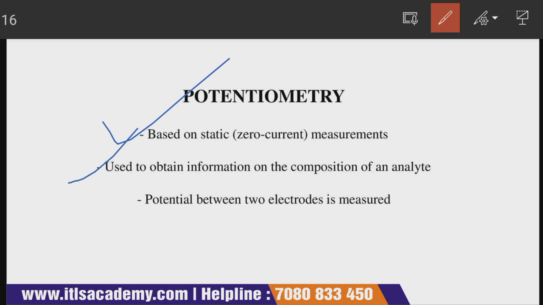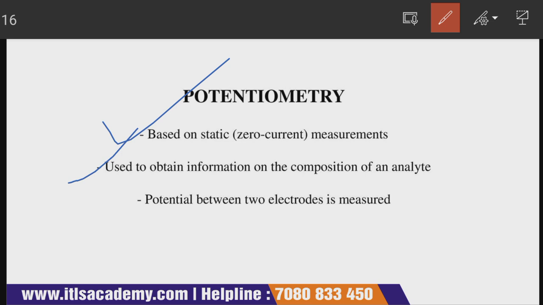It is used where you want to obtain information about the composition of an analyte. So to obtain that information, potentiometry is used.